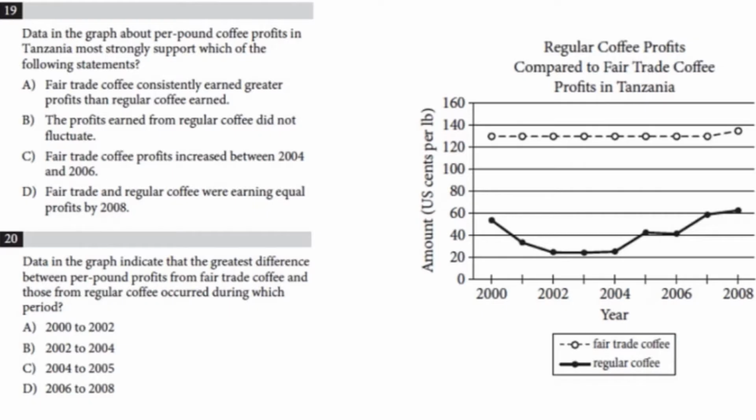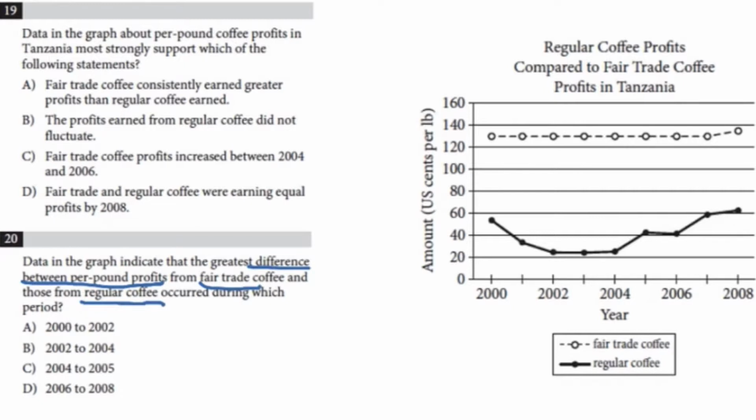Number 20, data in the graph indicate that the greatest difference between per pound profits from fair trade coffee and those from regular coffee occurred during which period? This is where I say we need to answer the question they're asking. They want to know when the difference between per pound profits from fair trade coffee and regular coffee was greatest.